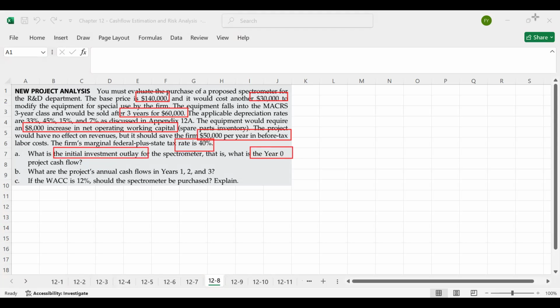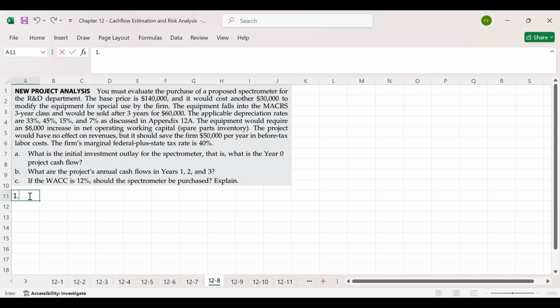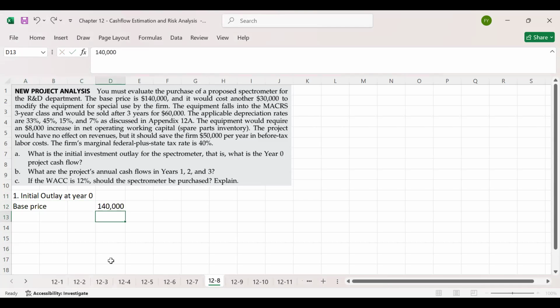So the first calculation is the initial outlay, or you can say the outflow of cash at year 0. We have the base price of the equipment, which is $140,000.